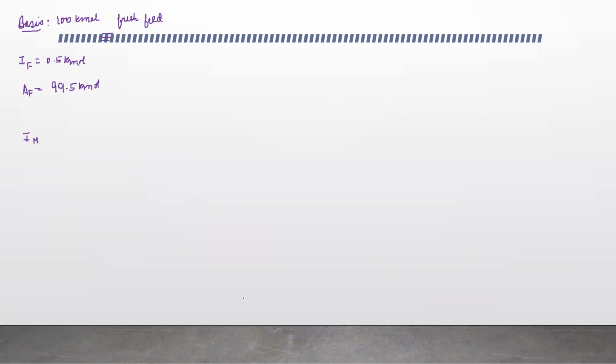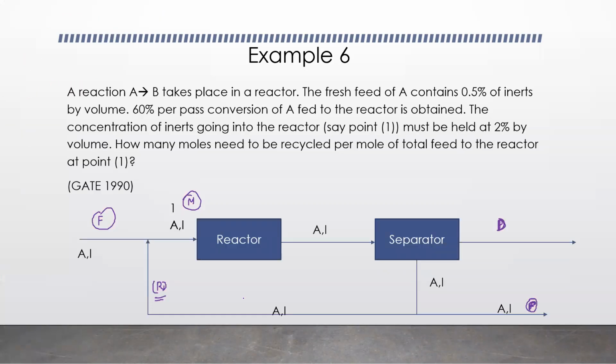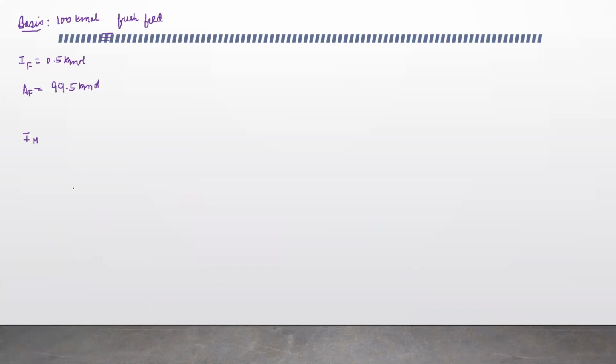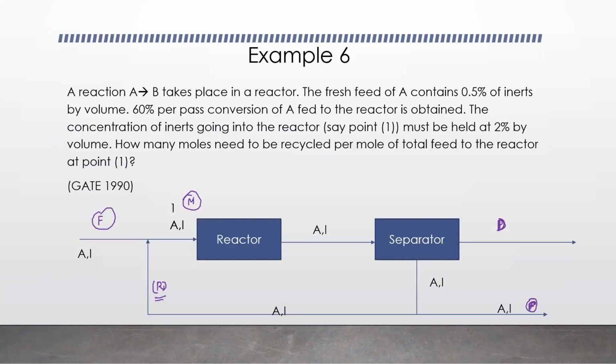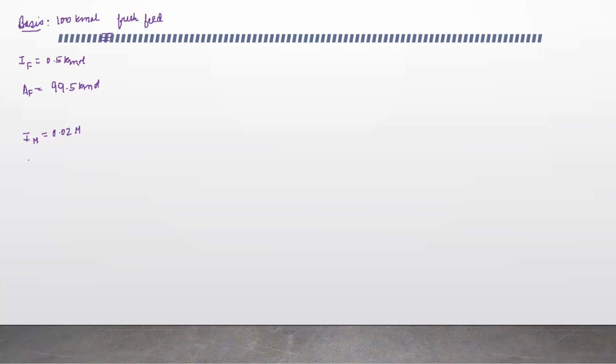So I, inerts in the mixed stream, are supposed to be 2%. So 0.02 into M. All right. So what we are going to do, we are going to do a material balance at this junction. Let's call it junction number 1. So at junction 1, we are going to do material balance.